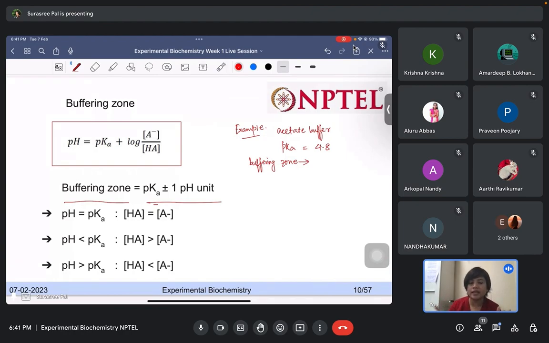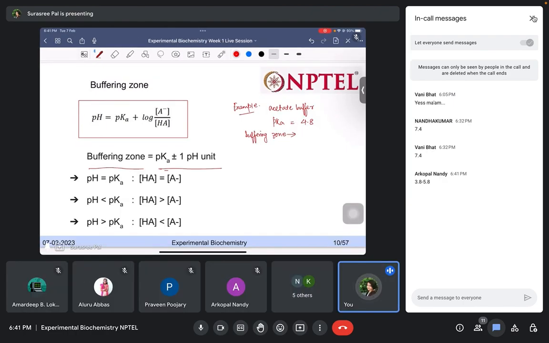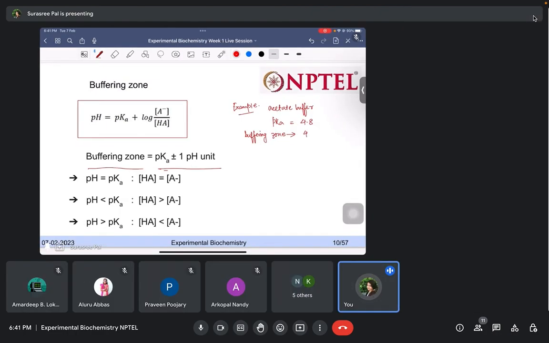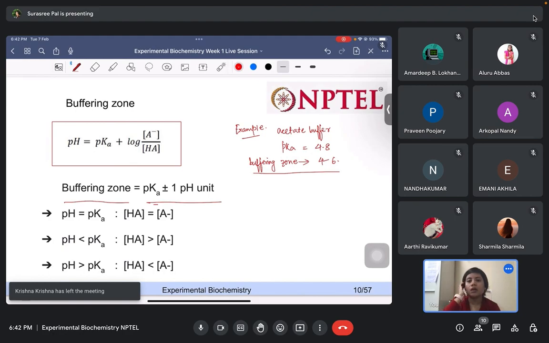That is the range of the buffer, which means that the buffer will be most active or most efficient in this particular zone, right? So Orkopal is saying that it is 3.8 to 5.8 exactly. So we can say approximately from 4 to 6, right? So that will be the buffering zone of the acetate buffer, because the pK is 4.8, right?